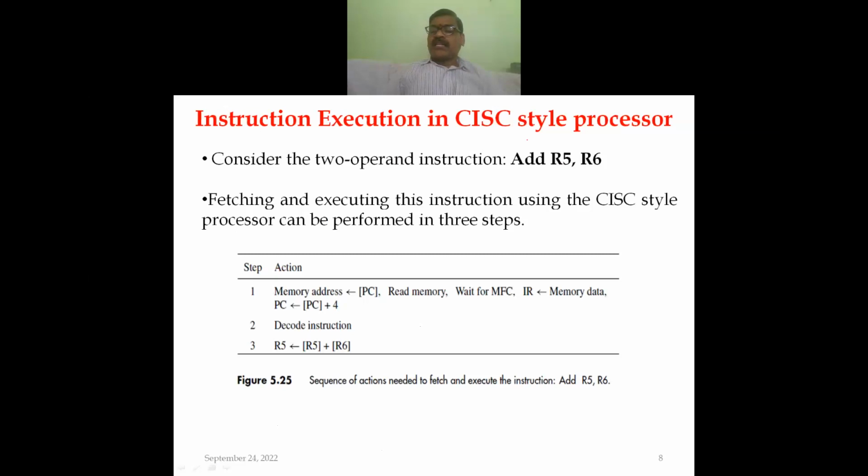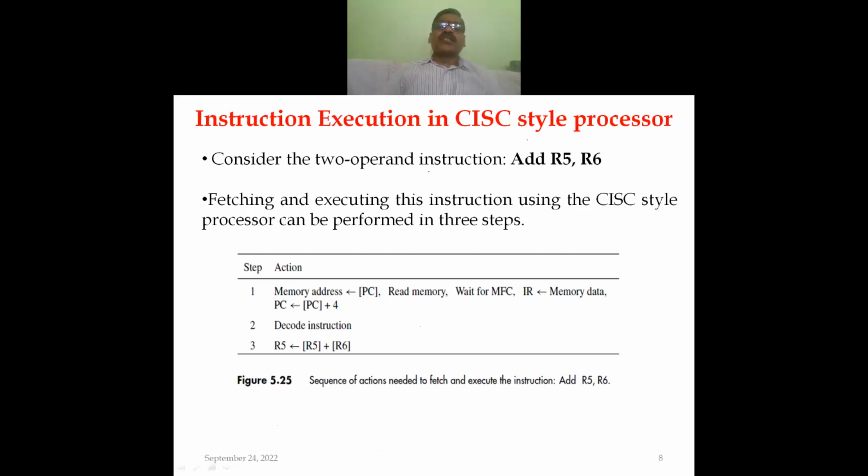Some instructions may require fewer steps. There is no hard and fast rule that every instruction in a CISC style processor will take 5 steps. That is the reason this processor is called a complex instruction set computing processor.